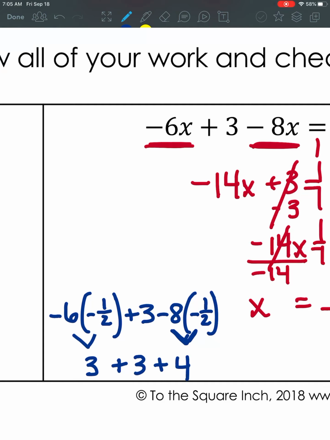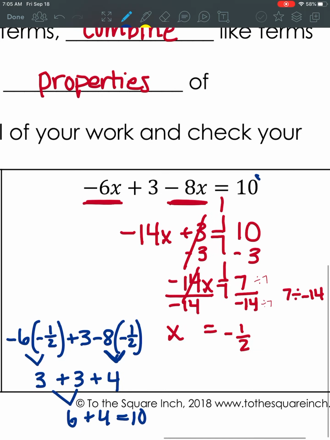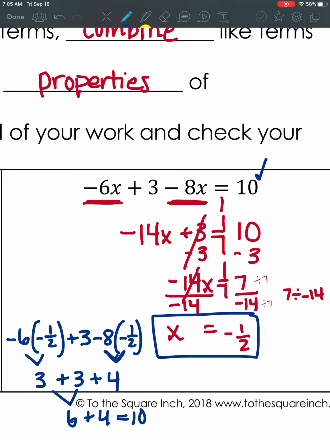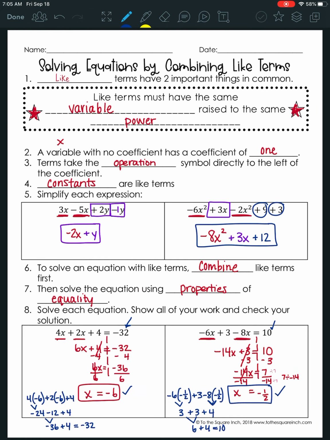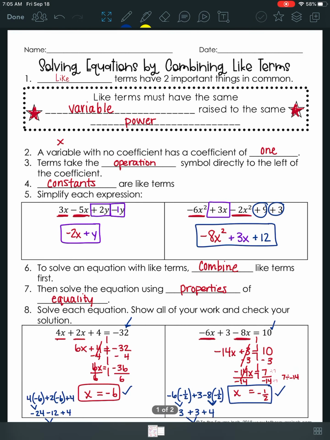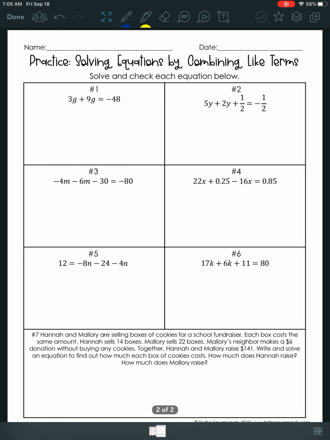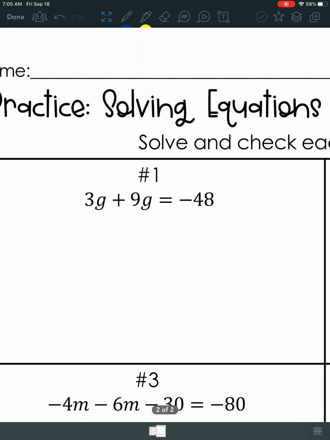Then negative 8, negative 1/2, so a negative times a negative is a positive, and then half of 8 is 4. So 3 plus 3 is 6, 6 plus 4 gives us 10, and that is what was in our original equation, so we know our answer is correct. Okay, so there's a couple examples.